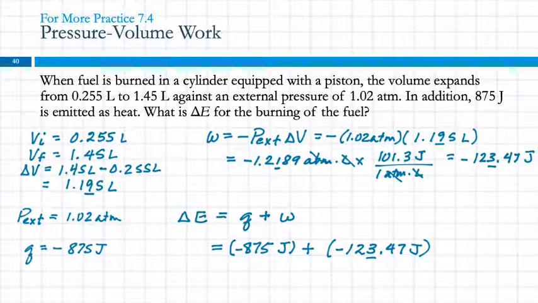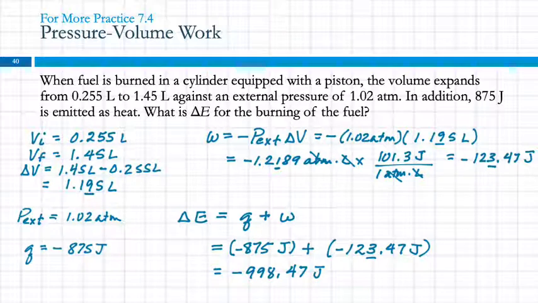So here I have a negative number and I'm adding a negative number. That can cause problems on your calculator, so just use the change sign, not the minus sign. So negative 875 plus negative 123.47 gives me a negative number, negative 998.47 joules.